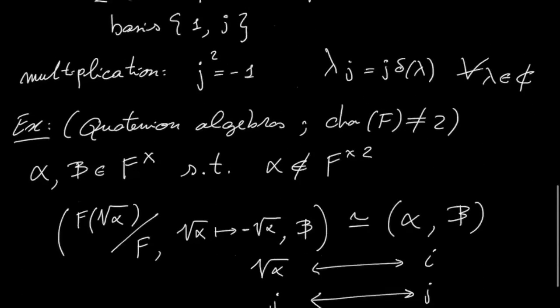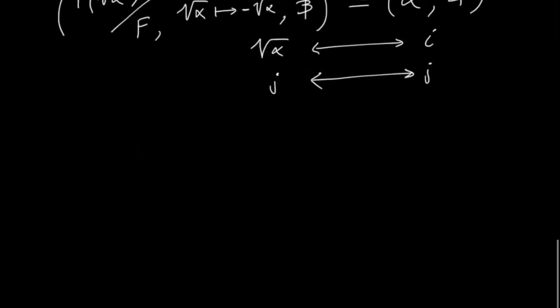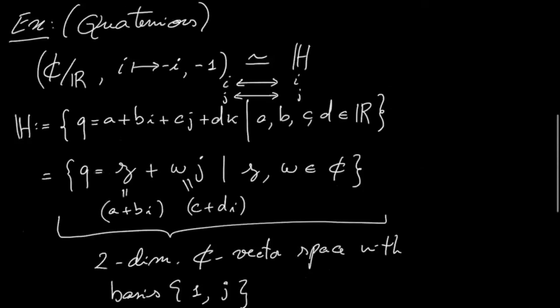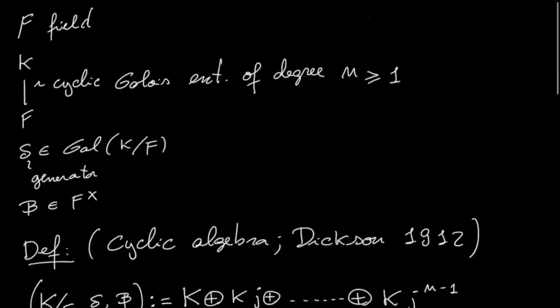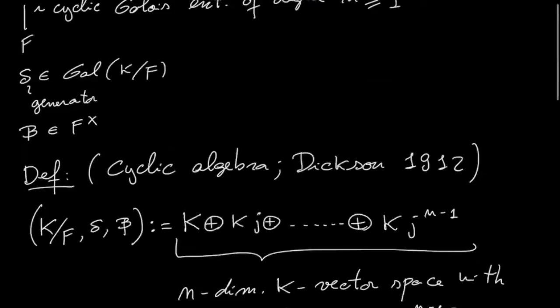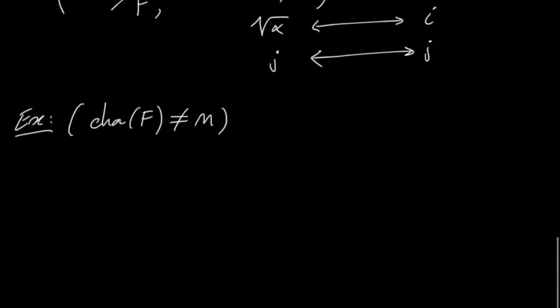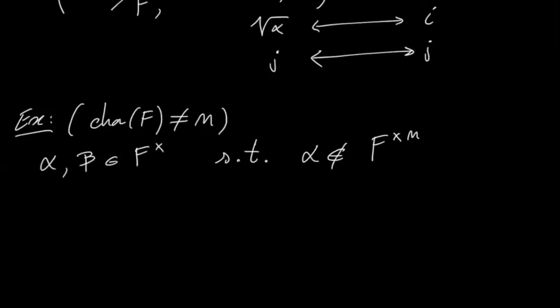Let's see another example. Suppose that we are in the case where the characteristic of F is different from n, where n in this case is the degree of our extension. Suppose also that we have two invertible elements alpha and beta of F, and now we impose that alpha is not an nth power of an element.